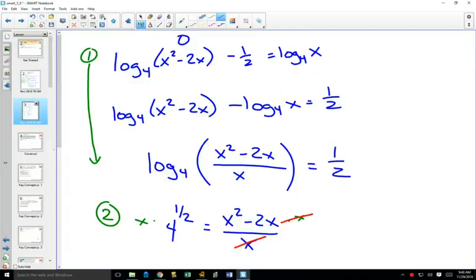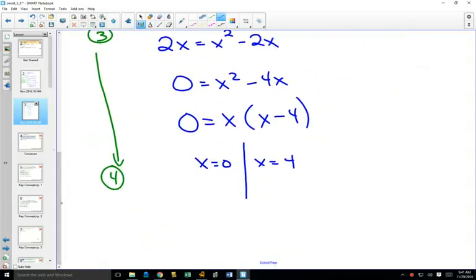And we talked about not being able to take a log of a negative number, but if we think about what the graph of a log graph looks like, it has this shape, and it has an asymptote here at x equals 0. That graph shows that you can't take the log of a negative number because there's nothing in the negatives. But the asymptote also tells you that you can't take the log of 0. So by plugging in 0, we get log of 0. That means that this is an extraneous root. It's not possible.